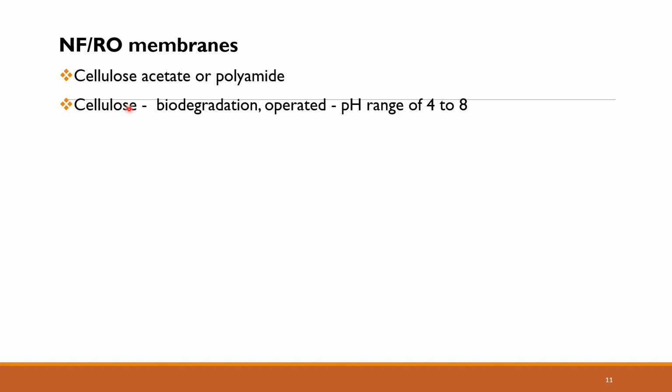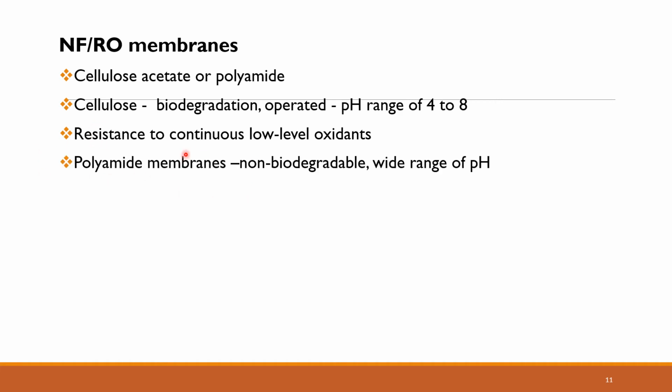The advantage of using cellulose acetate membranes is that they are biodegradable and they are operated in a pH range of 4 to 8, which is quite narrow. They offer resistance to continuous low-level oxidants, just low-level oxidants, but if high-level oxidants are present, they do not offer resistance, whereas polyamide membranes are non-biodegradable, that is, they act as a pollutant, but the advantage is that they can be operated in a wide range of pH.